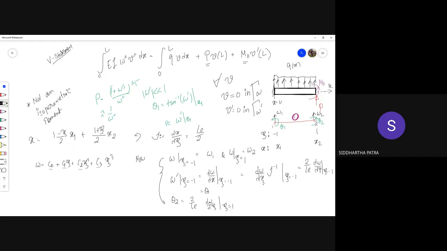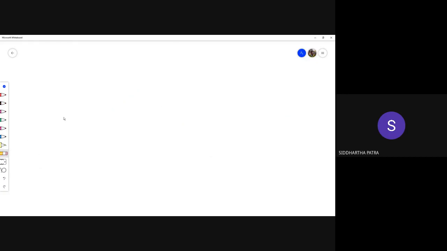Now, if I club these four conditions, or make these four substitutions, I would get a set of linear equations, and they would look somewhat like this.